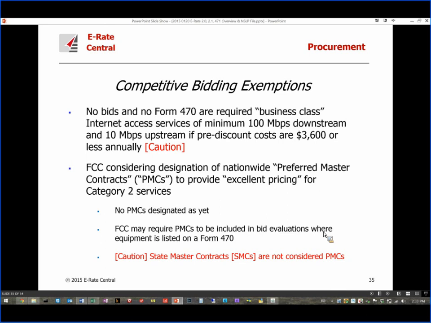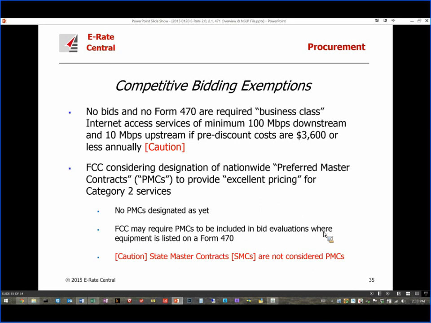The FCC has a provision to designate nationwide preferred master contracts to provide excellent pricing for Category 2 services. For funding year 2015, there are no PMCs designated, and there will not be.